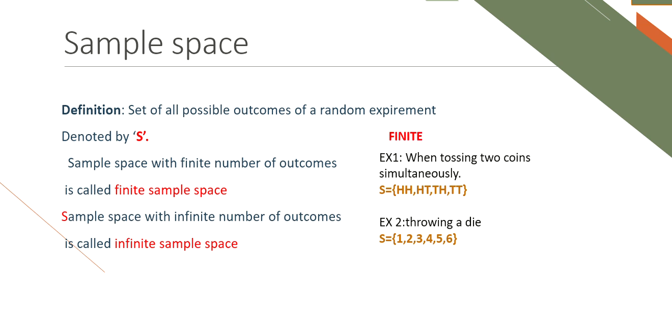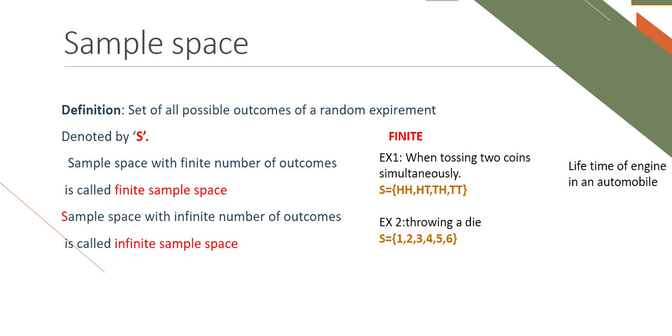If you understand that, then examples 1 and 2, whatever I have given, come under finite sample space because I am able to count them. So what about the infinite sample space? Infinite means, for example, the lifetime of an engine in an automobile. It may keep on continuing up to 10 or 15 years, or it may not continue. As soon as I start the engine, it may stop.